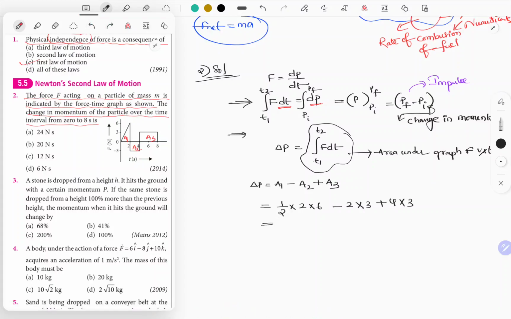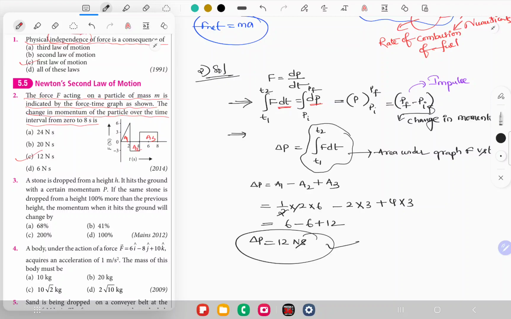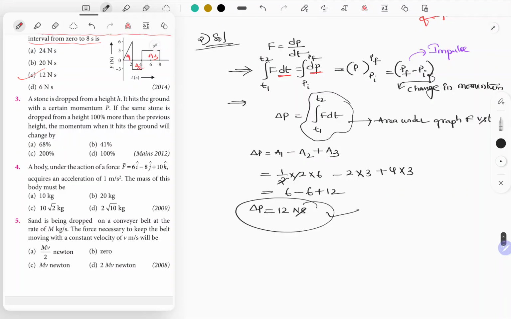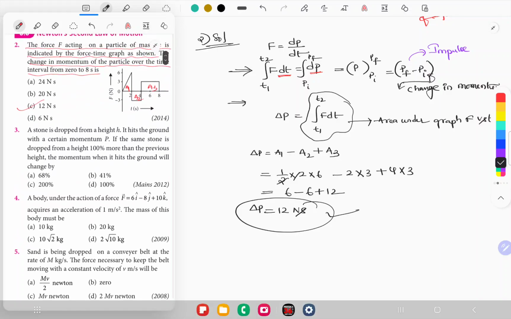So here 2 2s are 6, minus 6, plus 12. So the change in momentum is equal to 12 newton second. This is the answer for the given question. Which option matches? Option 2. Be careful while you are answering this question. Many students answer by taking the second area, A2, as a positive area.